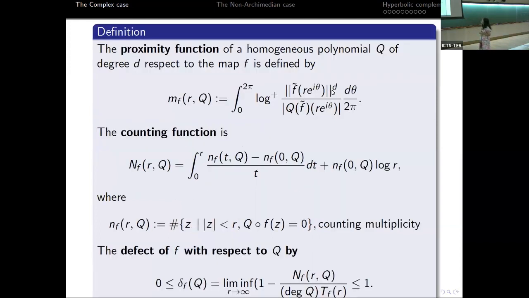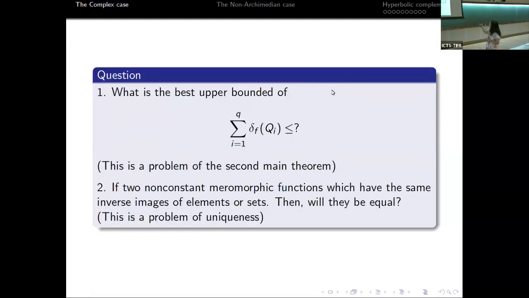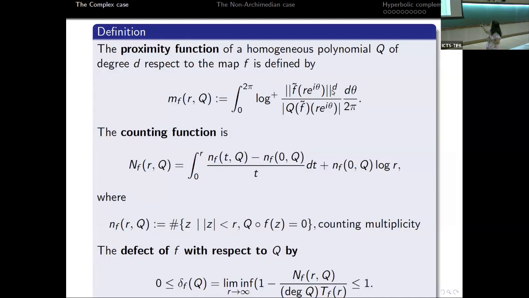Another thing we call the proximity function. It also takes the average of the log of the absolute value, but here we need to divide by Q, where Q is a homogeneous polynomial of degree d. Another function in Nevanlinna theory is called the counting function.